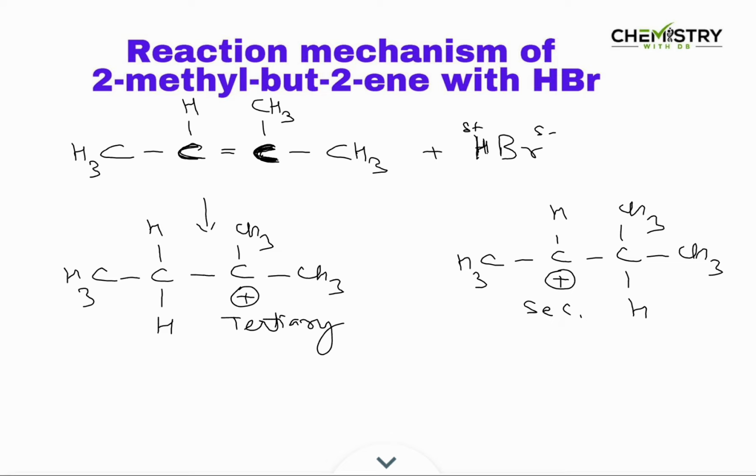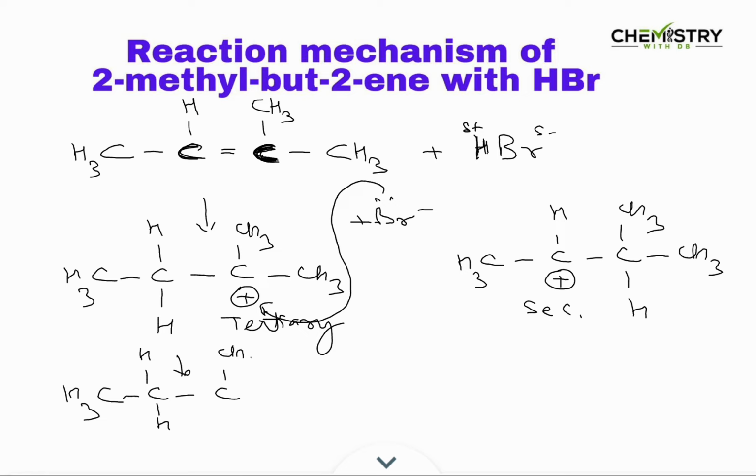So when the bromide ion forms, that bromide ion is more likely to join this carbocation, and as a result you would see this as the major product in this reaction.